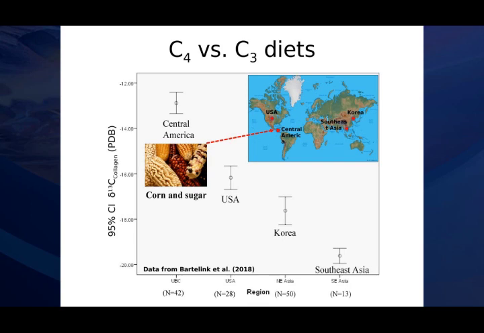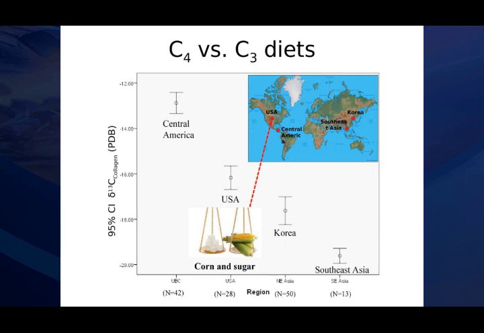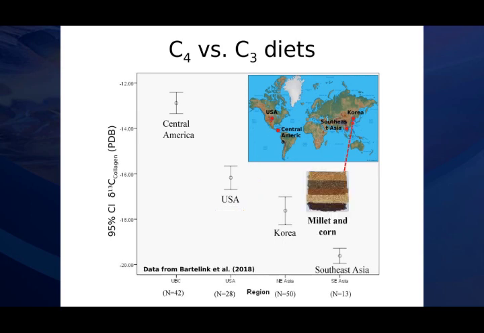In the United States, carbon isotope values are very high, but not nearly as high as in the migrant groups. If we look at a place like Korea, they're even lower than the United States in terms of carbon isotopes. And they do consume some millet and corn in Korea, and that's why they have some C4 signature.